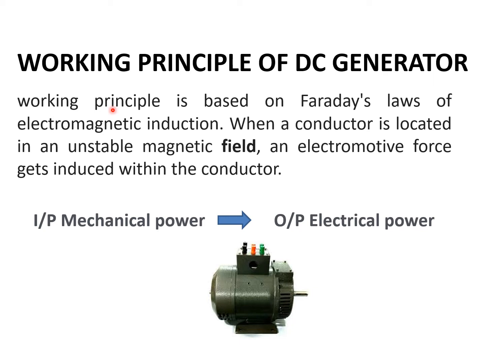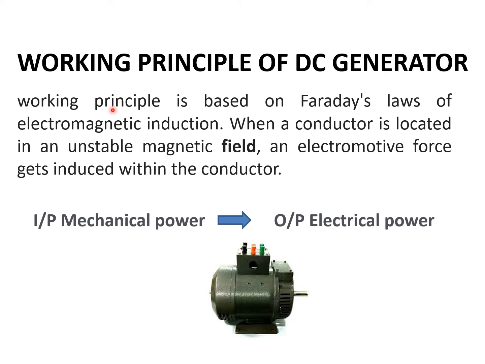The working principle is based on Faraday's law of electromagnetic induction. It means whenever a conductor is cut by a magnetic flux, EMF will be induced across the armature conductors according to the rate of change of magnetic flux.